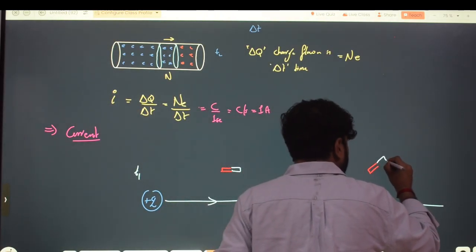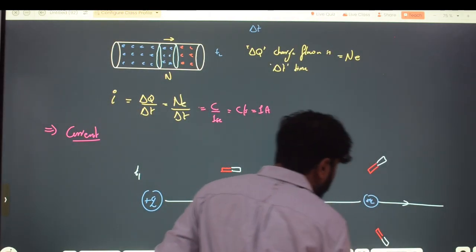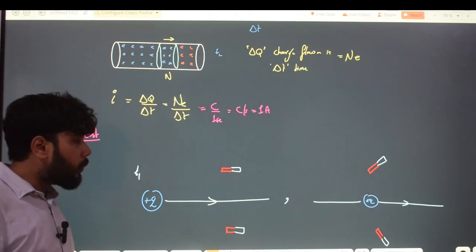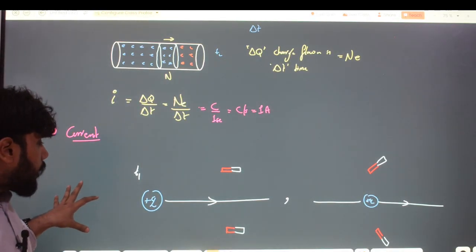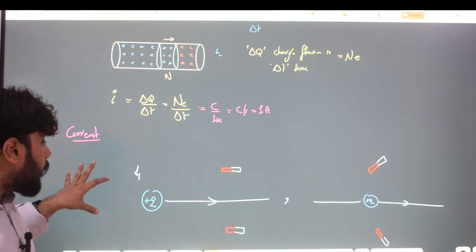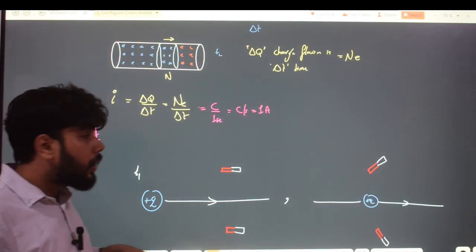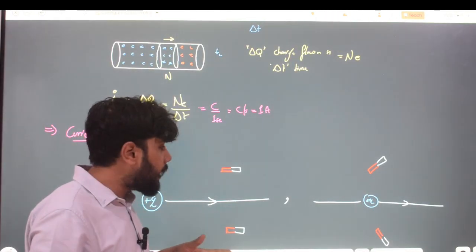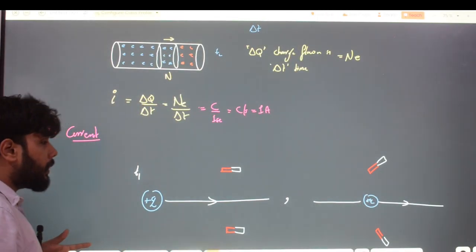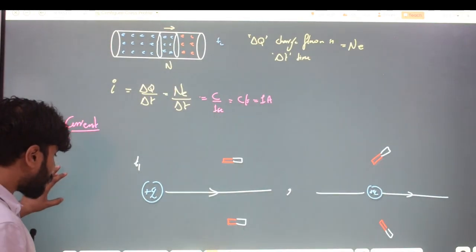And that's how you can define current, or that's the other way to define current. Simply put, you can say the phenomenon which causes the disturbance in magnetic field can also be used to define current.